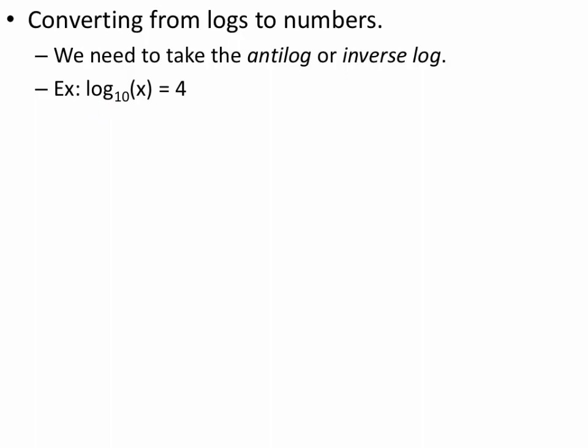So to do this, we need to take the anti-log, and that then involves taking the base of our exponent, which in this case is 10, and raising that base to the power of the stuff on either side of our equation. So we're going to take 10 and raise that to the power of log base 10 of x, and that's then going to be equal to 10 raised to the power of the other side of the equation, which was just 4. So 10 to the 4 is equal to 10 raised to the log of x.